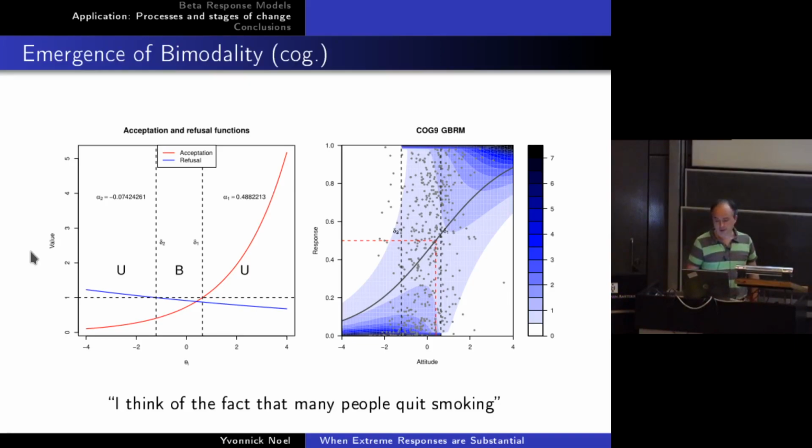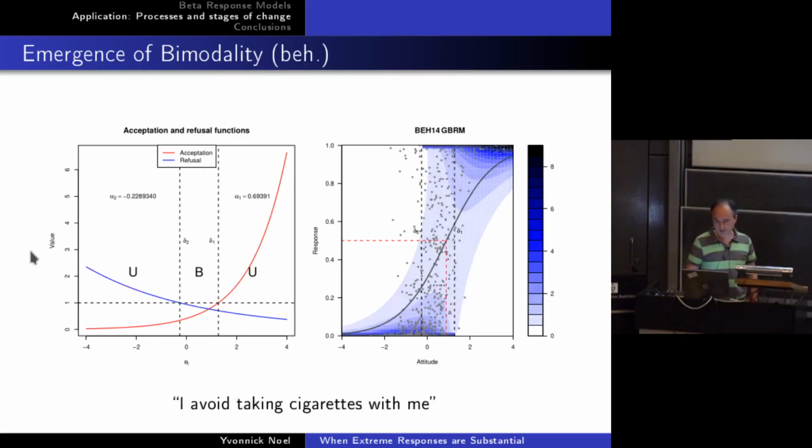It's a cognitive item, and you have another example here of a behavioral item: "I avoid taking cigarettes with me." Not all items display the bimodal pattern. Some of them are quite usual, I mean unimodal, but about half of them display this pattern.